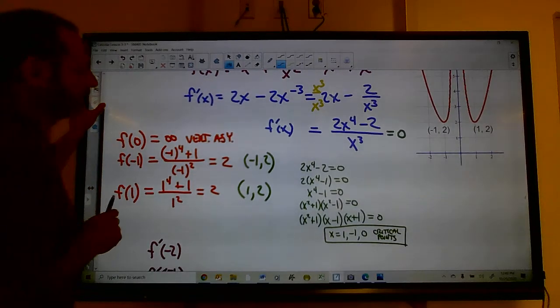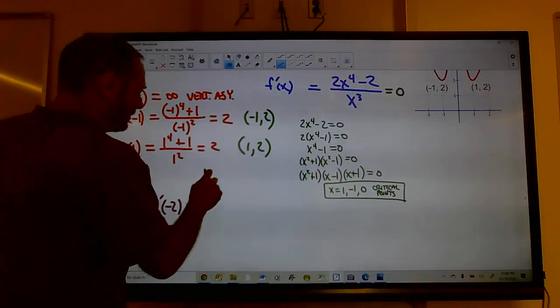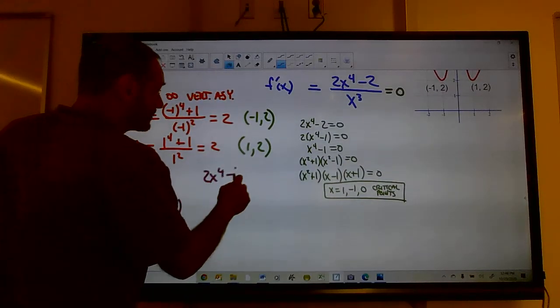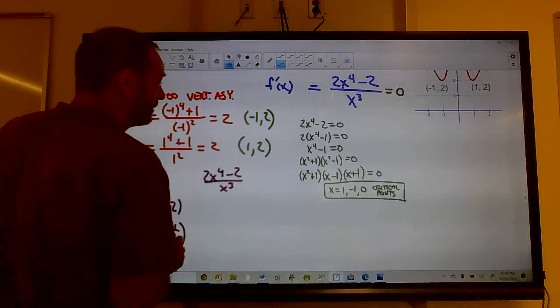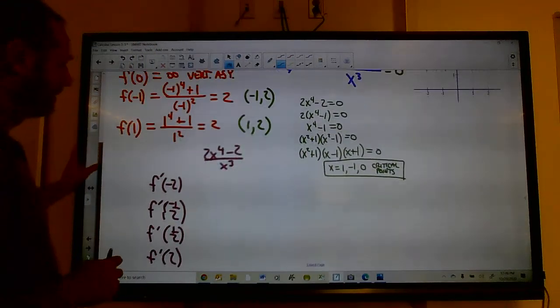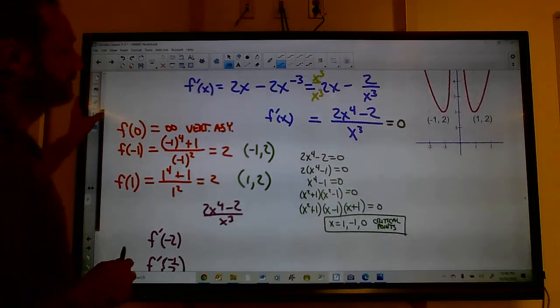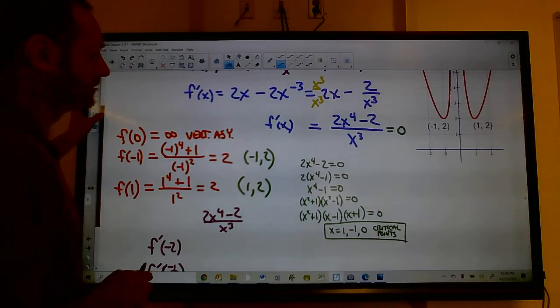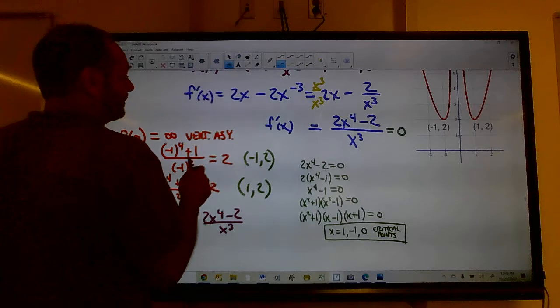So my equation is 2x to the 4th minus 2 over x cubed. Actually, it might be easier to do 2x minus 2 over x cubed. It's the same thing.